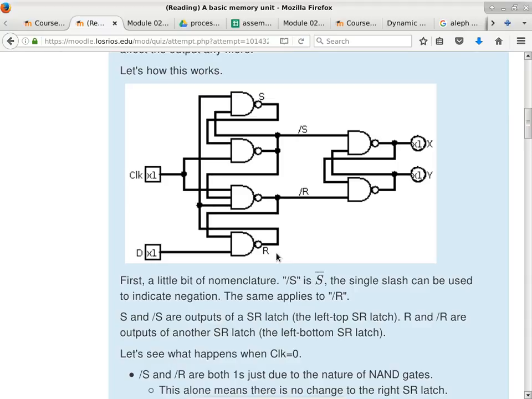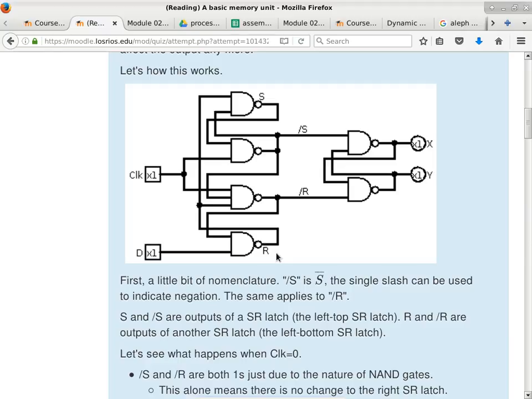Then you change the assumption and say, what if /S was already a 0, /R is already a 1, and D is a 0, and then clock goes from 0 to 1, what's going to happen? That's how you analyze this particular circuit. You start with the known state of the SR latch, then you plug in the input, and then you say, okay, what's going to happen in this particular scenario? Is that making any sense so far?